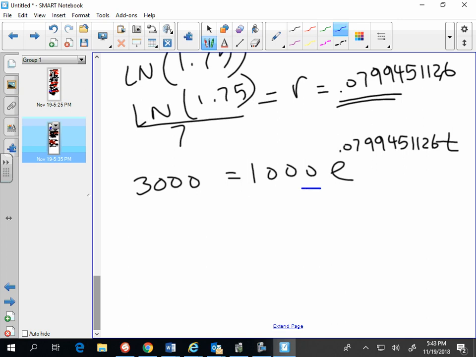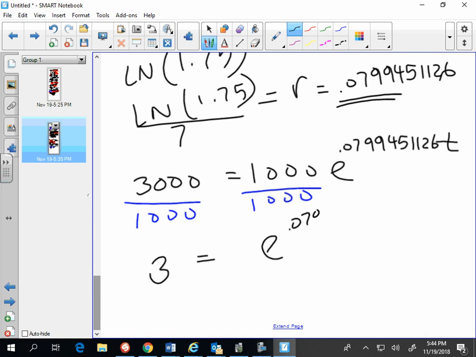And notice what happens when we divide by 1,000. We get 3, as in triple the population, equals e to the 0.0799451126t. Hey, what are we going to do now? We're going to take the ln of both sides.